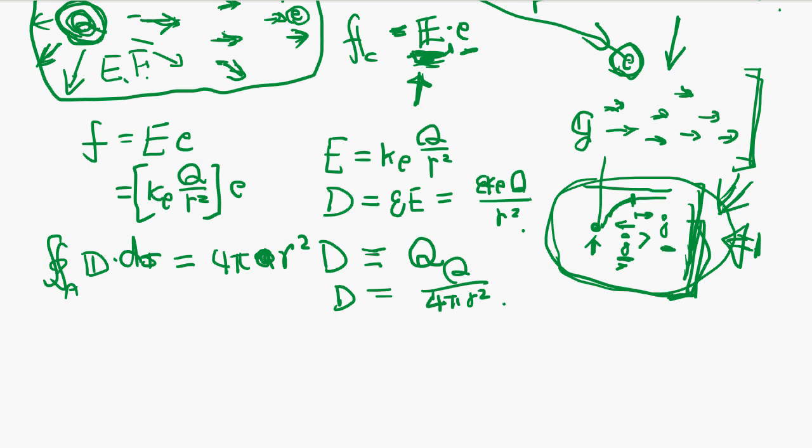We define D. We haven't defined D yet. D is only this. Okay? So what's happened is, let's see.